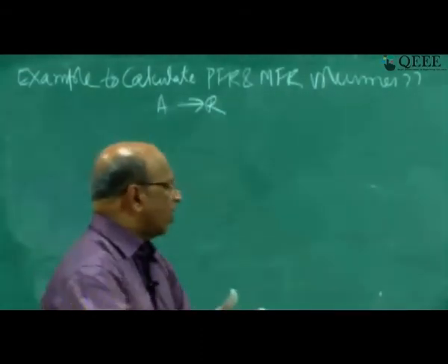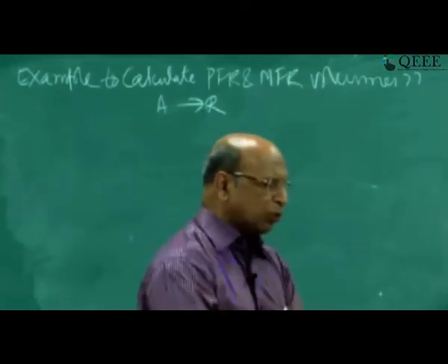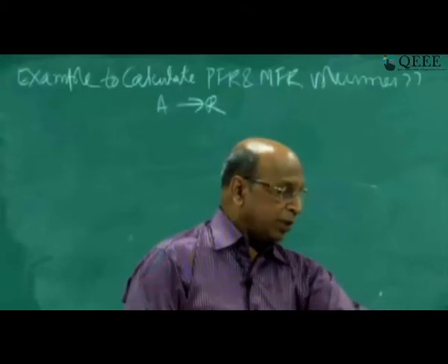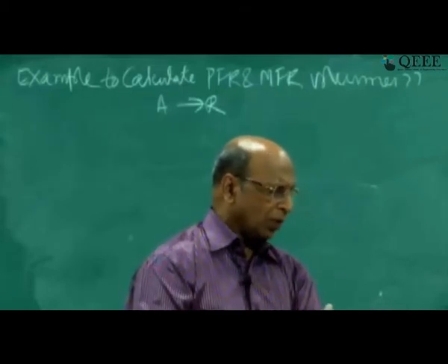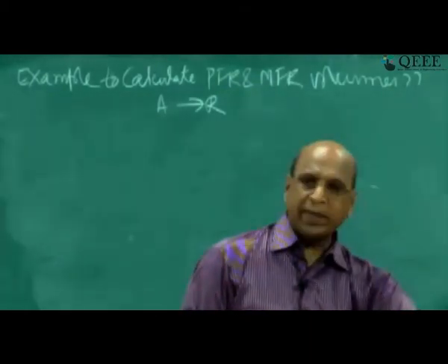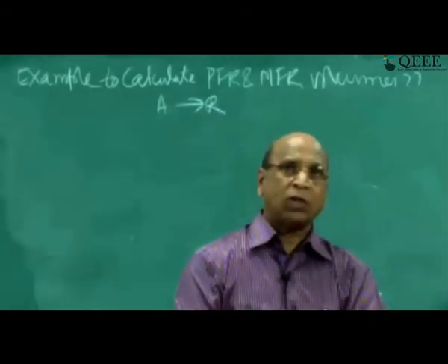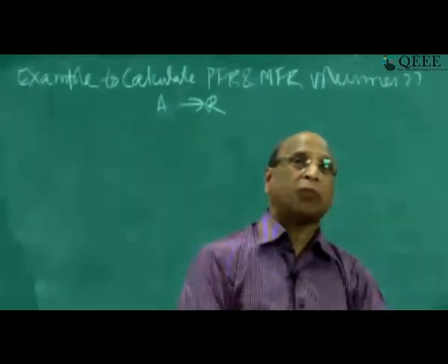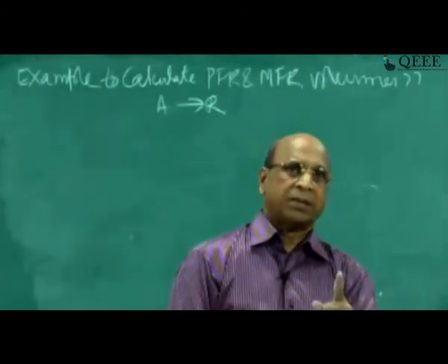But because it is the first time you are exposed to this kind of problems, I should have given that it is a first order reaction. But anyway, indirectly, in the examinations we cheat you many times. We will give only this 0.1 minutes inverse. Then you have to find out if it is a homogeneous reaction, whether it is first order, depending on the units you can find out for a homogeneous reaction, right?